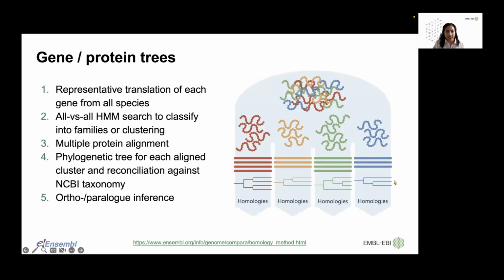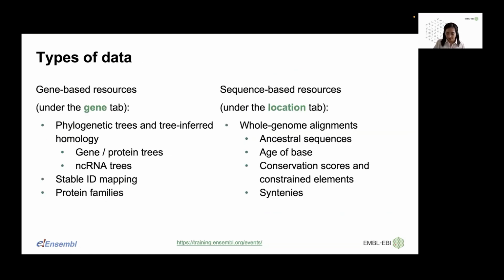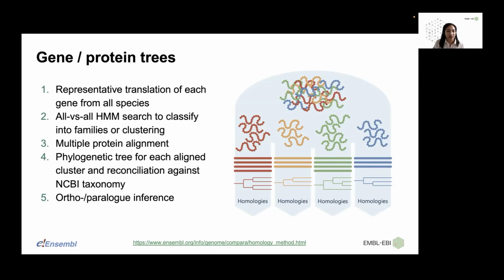A type of comparative analysis data that we produce are gene trees. So for this, what we do is we take a representative protein for each gene from each species. That's why we can also call them protein trees. We classify the representative proteins into families or some other kind of clustering method.